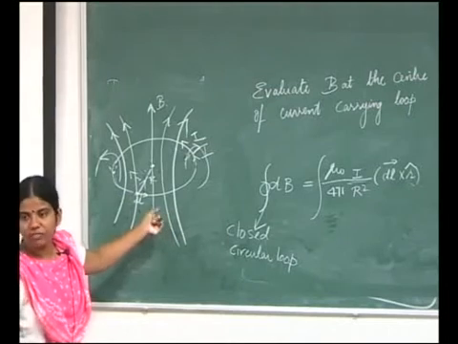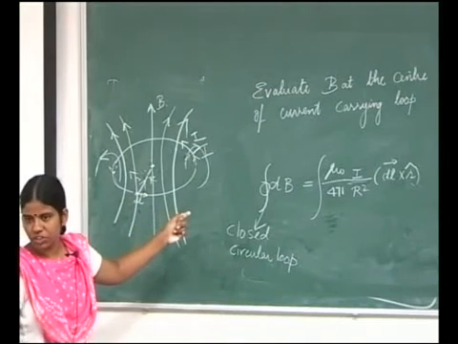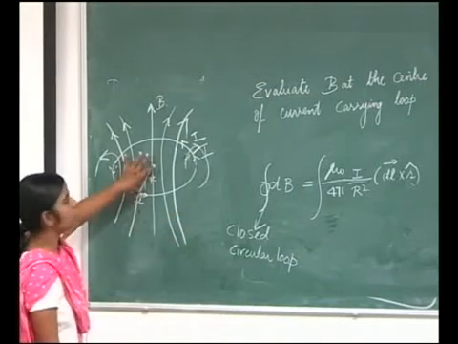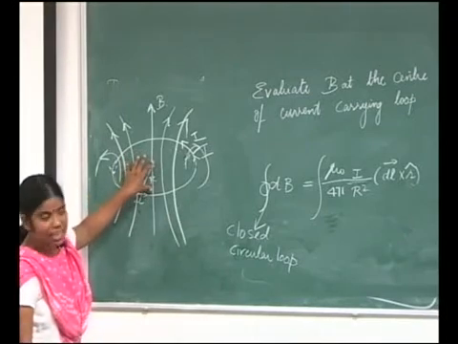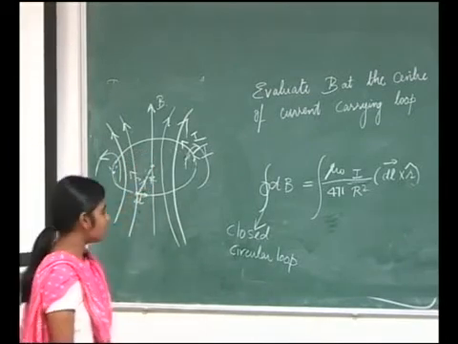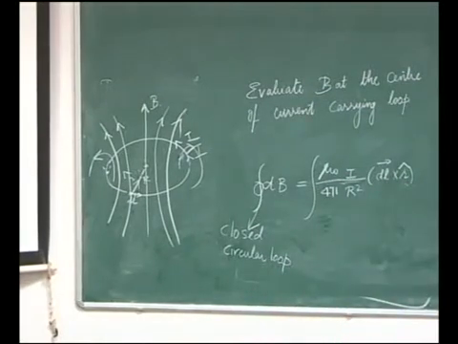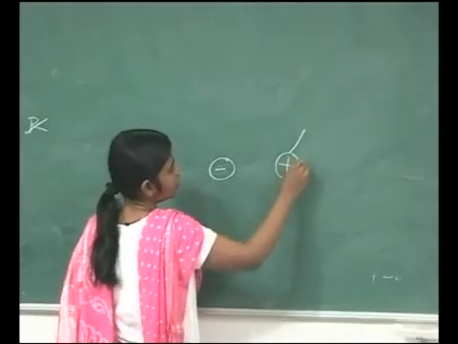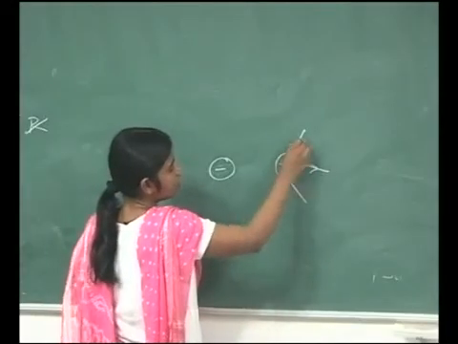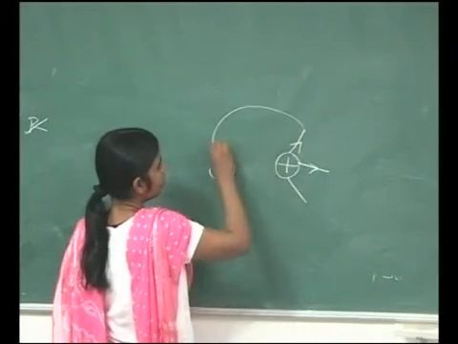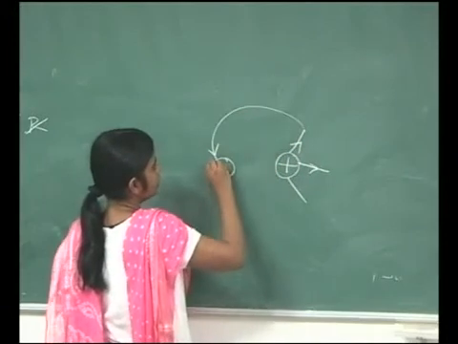led to the famous second Maxwell's equation. Okay. We say that B dot dl, what did we say? That if I take the same analogy with a dipole, if I have say a negative charge and a positive charge, I know that from the positive charge fields would come out and they will terminate at the negative charge.